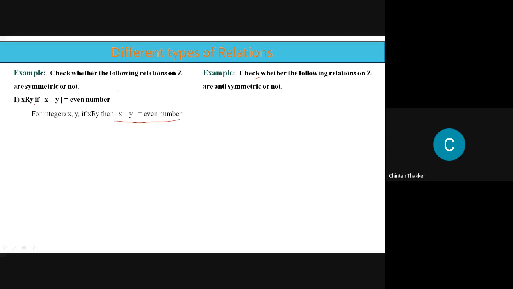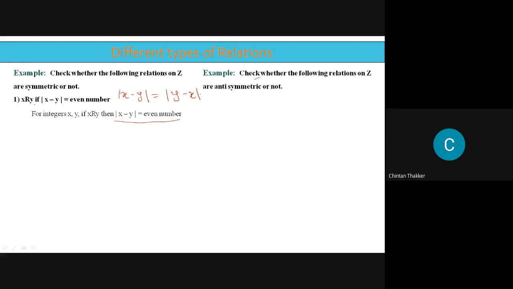Now we know that for integers, mod of x minus y is equal to mod of y minus x. Because x minus y is equal to minus of y minus x, if we take the mod, then both become positive, so both have the same value.